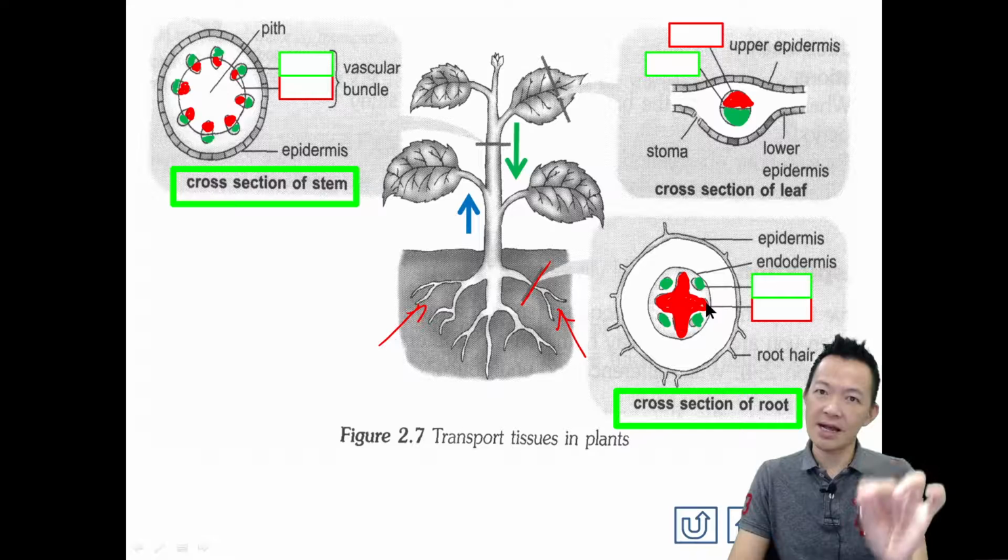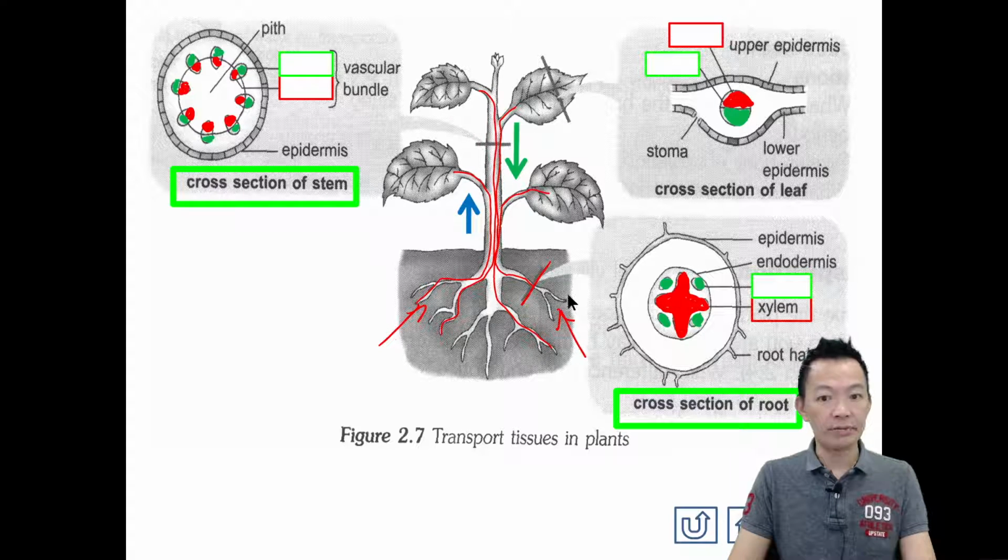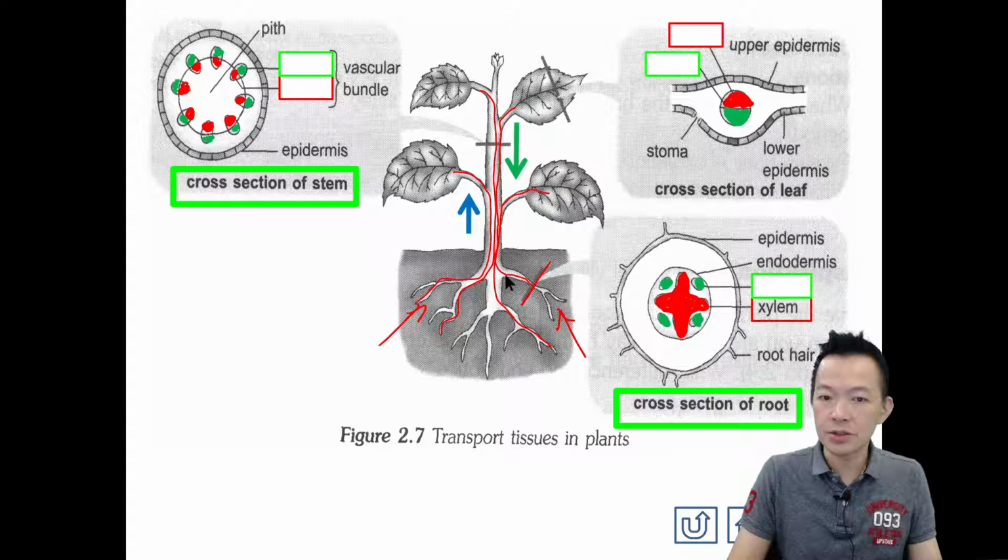It contains the red color water. The center. In other words, this is the xylem tissue. This is what we call xylem tissue. It hides in the middle of the root. So the water passes through the xylem tissue and is transported upwards.